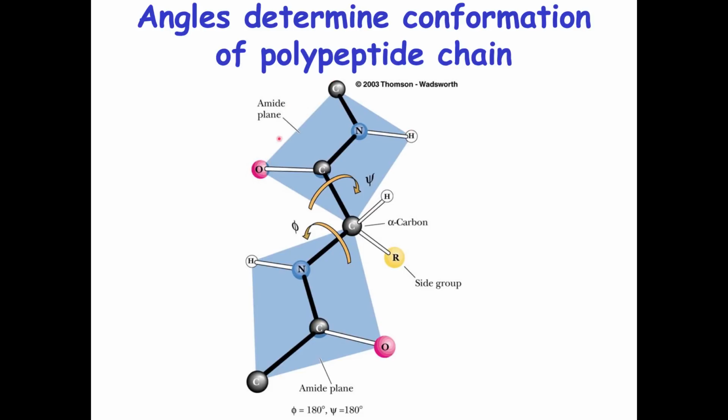So in this polypeptide, there are two planes. You have free rotation around the phi angle here, and then the psi angle, which is here. And so we can describe a polypeptide in terms of its phi and psi angles.